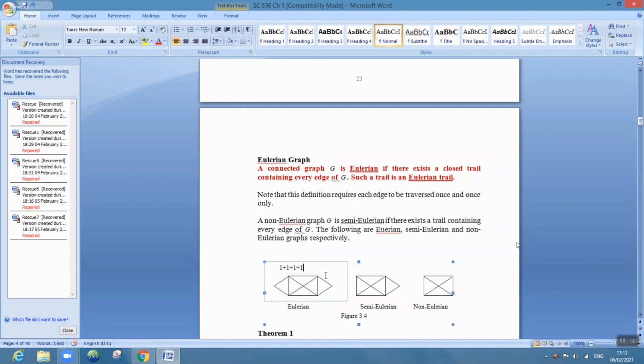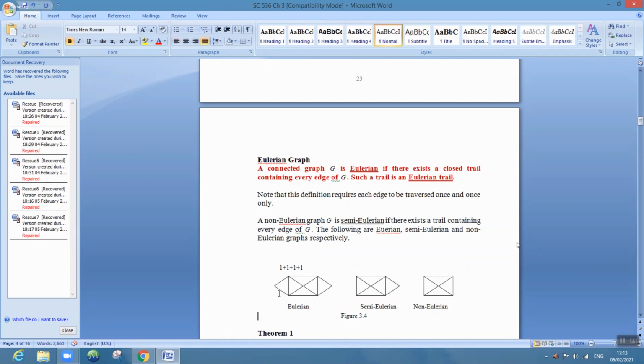So in an Eulerian graph, each vertex should have even degree, otherwise you can't come out. If the vertex degree is 3, you go out, again you come here and go there, you can't come out. When the degree is 2, you go to this vertex and go out.